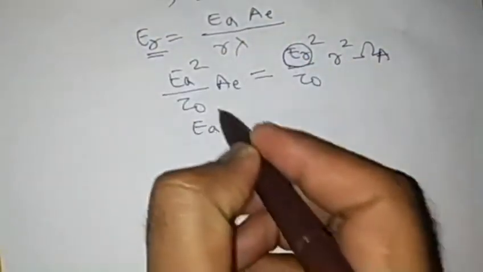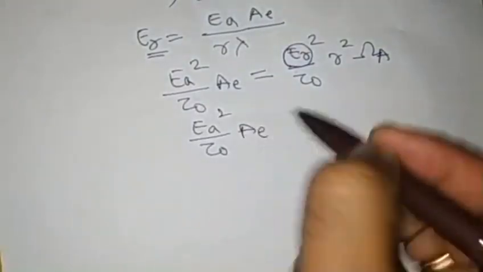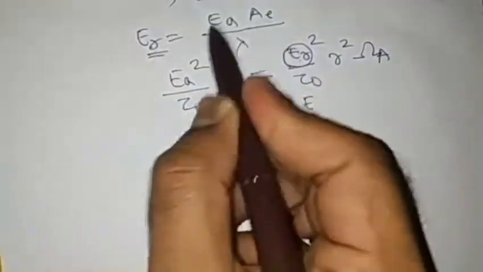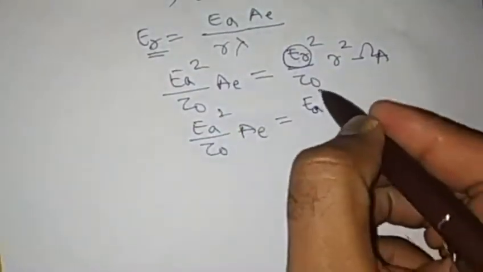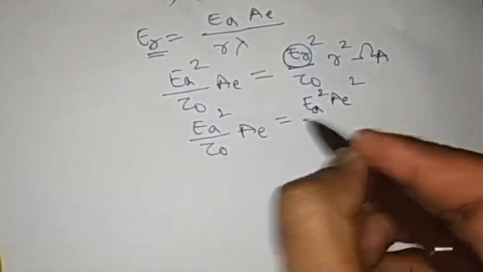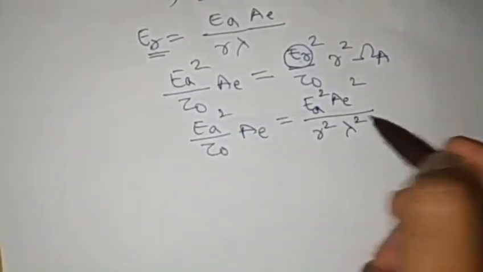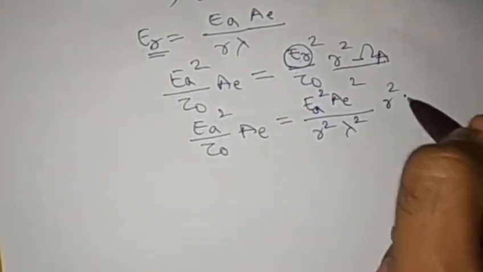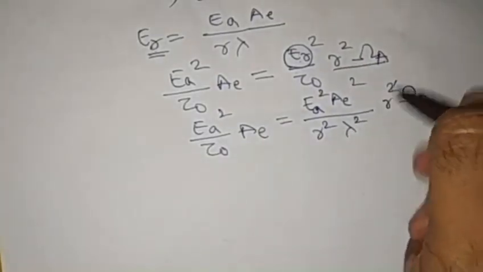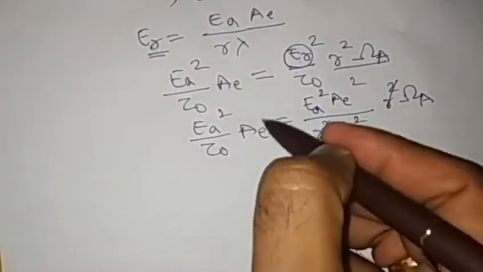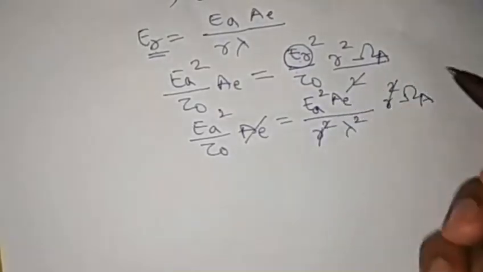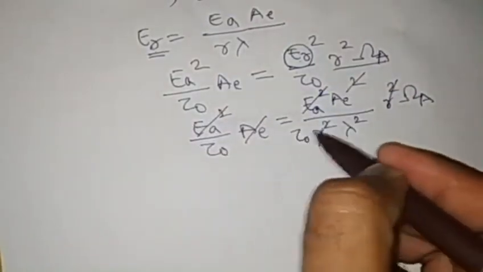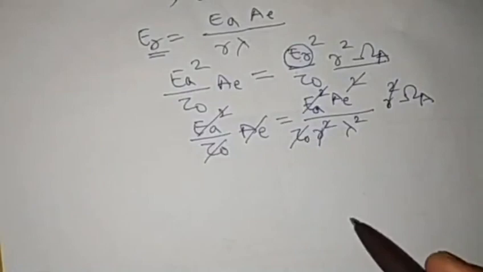So we get EA square by Z0 AE is equal to, in place of ER we do this whole term substitution, EA square AE square divided by R square lambda square into this term as it is R square omega A. So now R square cancels, AE cancels, EA square and EA square, and sorry, this Z0 and Z0 cancels.